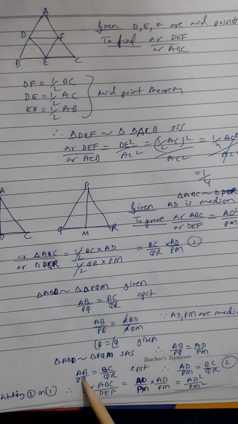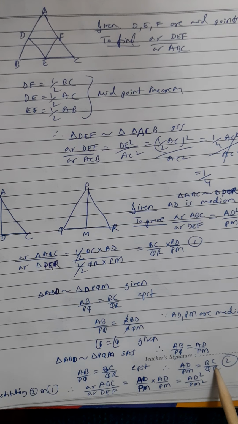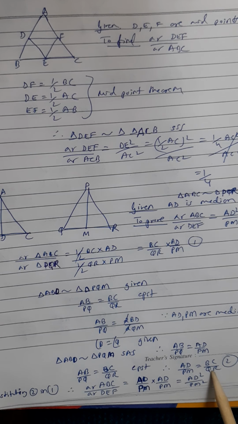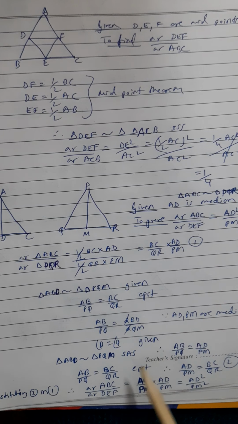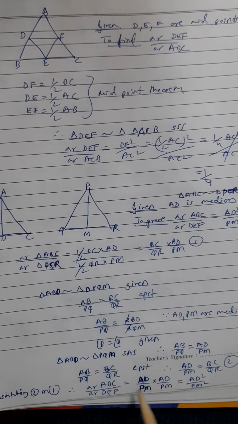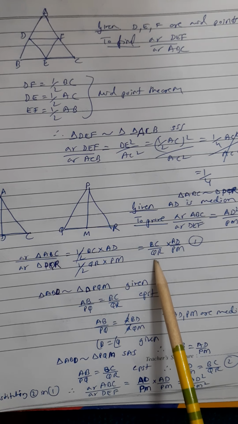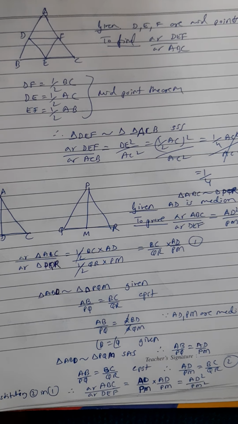AB by PQ is common, so we can conclude that AD by PM is the same as BC by QR. So therefore we can substitute this equation 2 in equation 1, and therefore what do we get? Area of ABC by area of PQR is equal to, instead of BC by QR, replace it with AD by PM into AD by PM. So we get the required result, AD square by PM square.